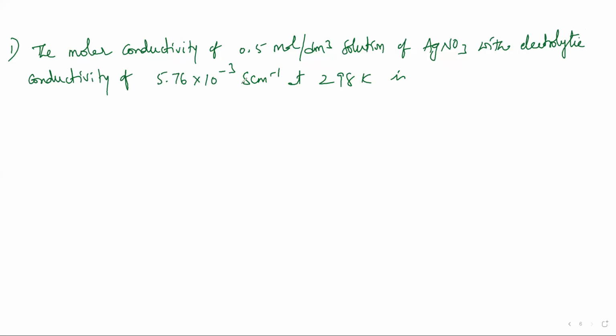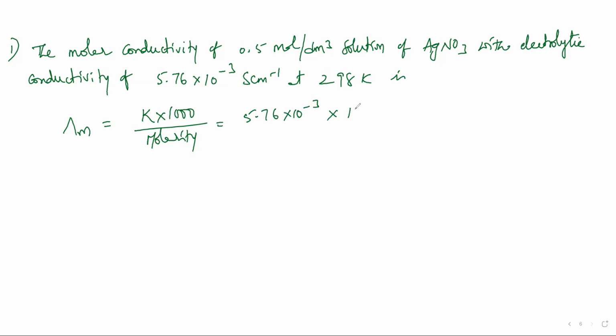What we need to find out is the molar conductivity, that means molar conductance. We just discussed that formula. Molar conductance is given by kappa into 1000 by molarity. Conductivity, that means specific conductance, is given there. What is that? 5.76 into 10 power minus 3, isn't it?